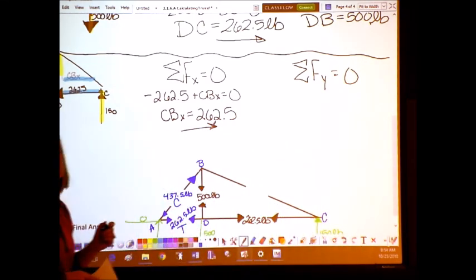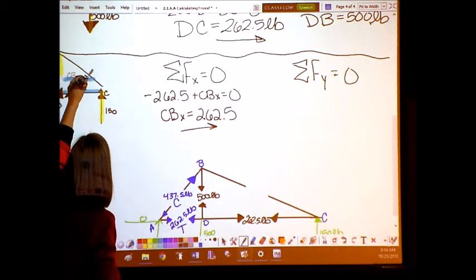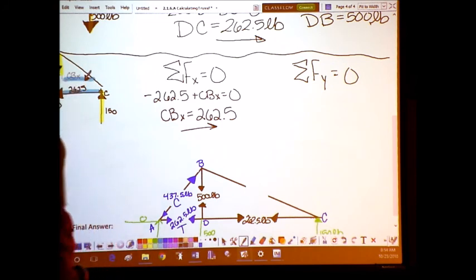Okay, watch. You guys ready for this? This is huge. If this points to the right, how will this one point? Up or down? It will point down. Now maybe you guys are like, what the heck are you talking about, Miss Linda? If I'm going right on my diagonal, I'm also going down.